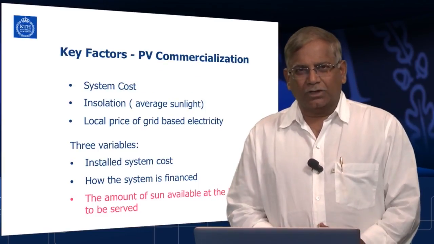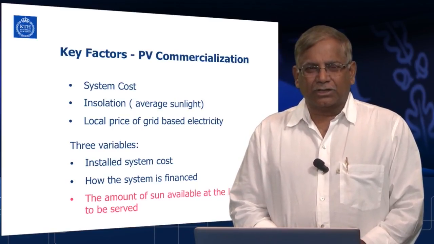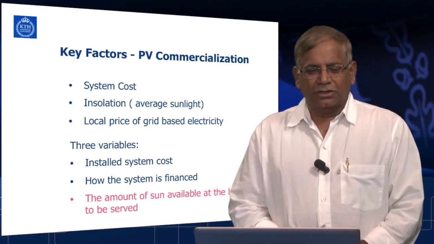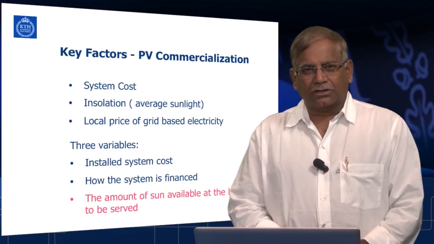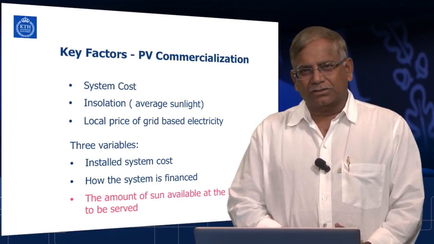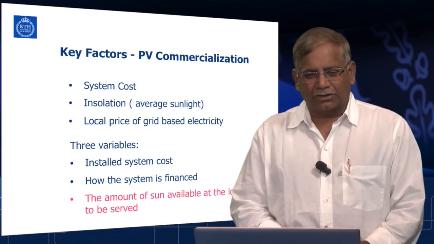One of the issues we talk about when considering PV system installation, or PV commercialization, is the system cost. We referred to that a little in the previous section, where we talked about the levelized cost of energy, and we want to bring it down to about 15 cents a kilowatt hour.